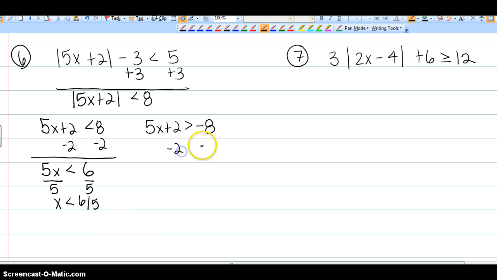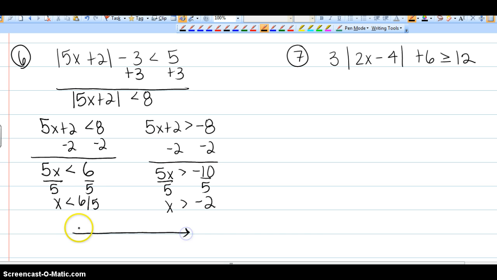The other one we're going to solve the same way. That's -10 divided by 5. X is greater than, again, we don't switch the sign because it's not dividing by a negative, -2. 0 in the middle. -2, 6/5.